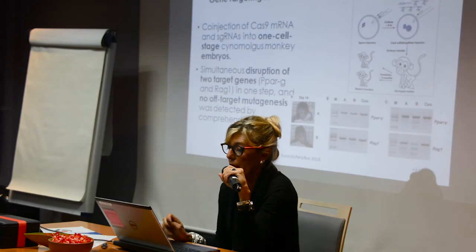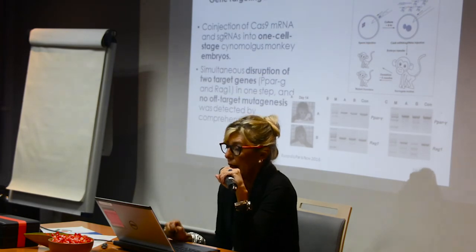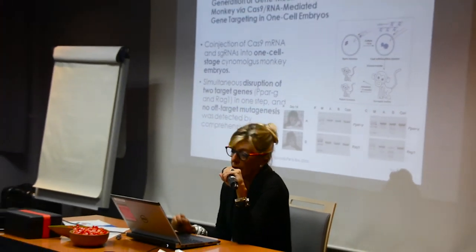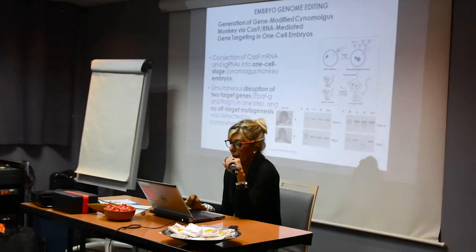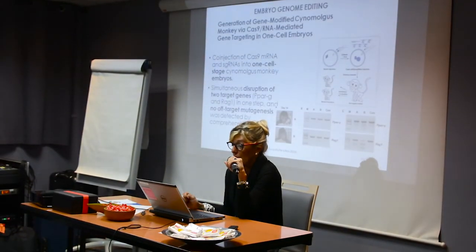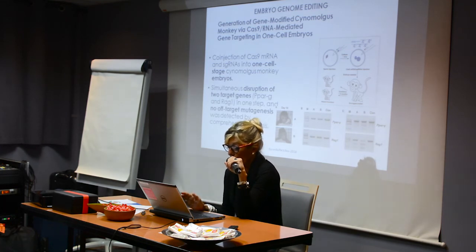Another thing that has already been done in the monkey, in the cynomolgus monkey, is Cas9 RNA-mediated gene targeting. In this case, what they have used is one-cell stage cynomolgus monkey embryos, and they have disrupted simultaneously two target genes, the ones that you see on the slide, in one step, and they have not observed any off-target mutagenesis by comprehensive analysis.